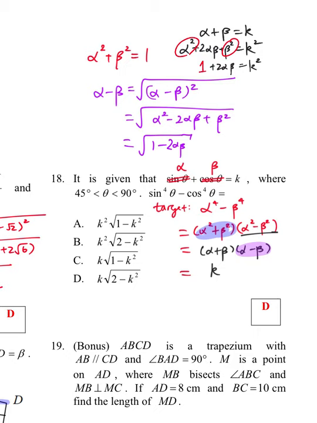Then you will obtain 2 alpha beta equals k squared minus 1, and therefore the purple square root can be further simplified as something like this, to be equal to 2 minus k squared, and therefore the answer is D. This is a question combining trigonometric ratios, identities, and also some previous knowledge when you handle the algebra in quadratic equations.